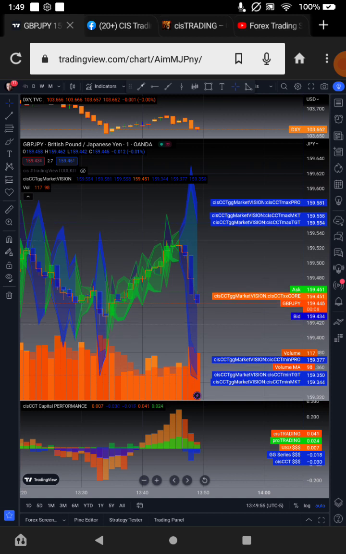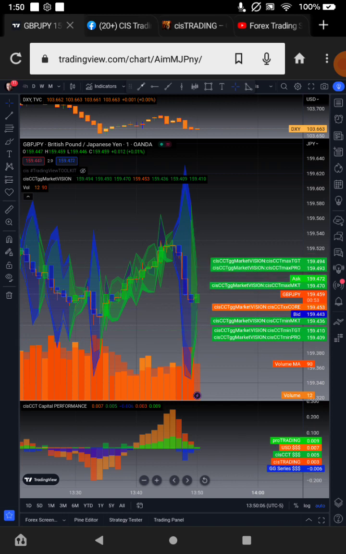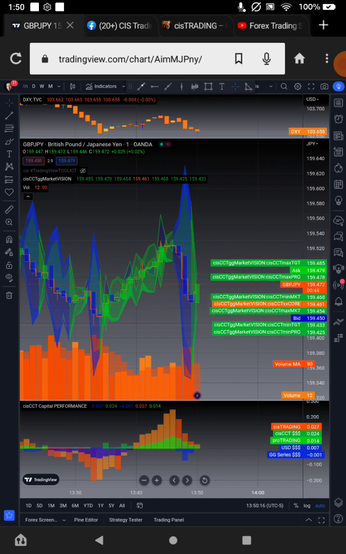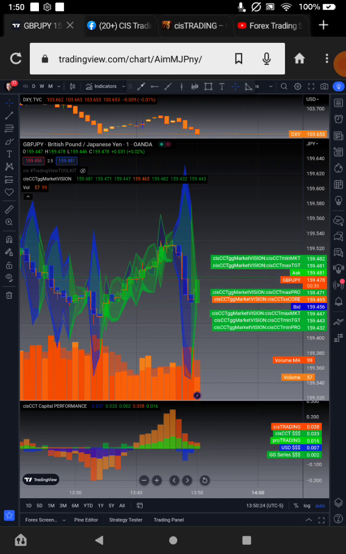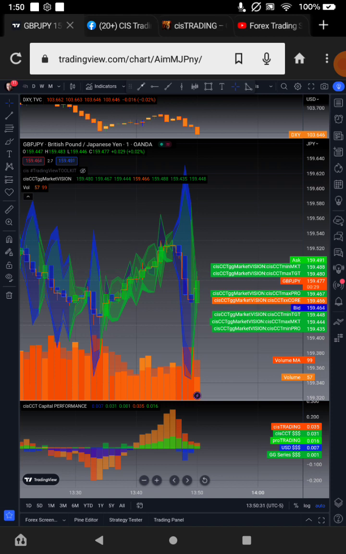We could look at any underlying based on the CIS CCT GG market vision and the TradingView toolkit CIS GG Pro Action market depth, so that there's a huge significant portion of the yield that you're going to lose. And in most cases, it's right around about 50%. Some cases it's a little less, sometimes it's a little bit more. You could lose up to 60% of the total move of the market.